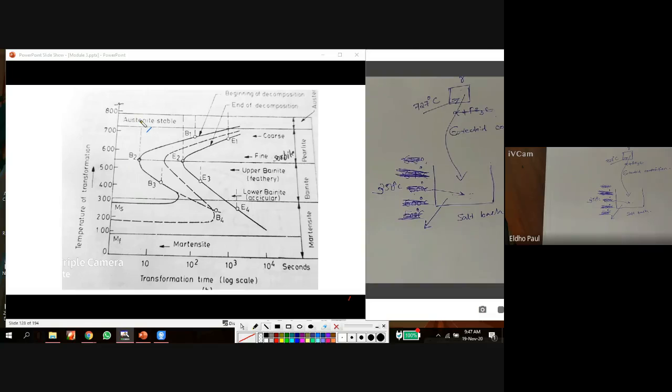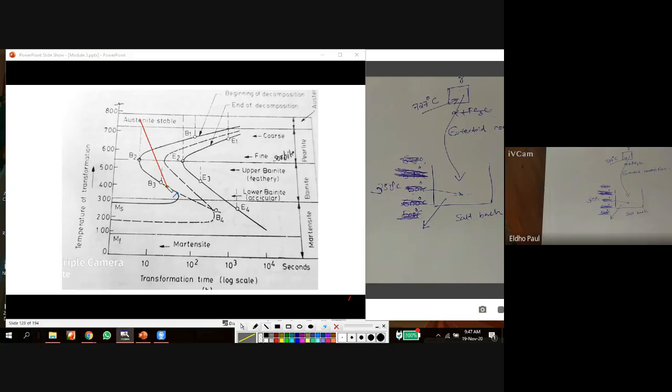So here this is the austenite condition. I suddenly cool to 350 degrees Celsius. This is the corresponding point, and at this point also we have 100% austenite. Then we maintain 350 degrees Celsius in the salt bath.